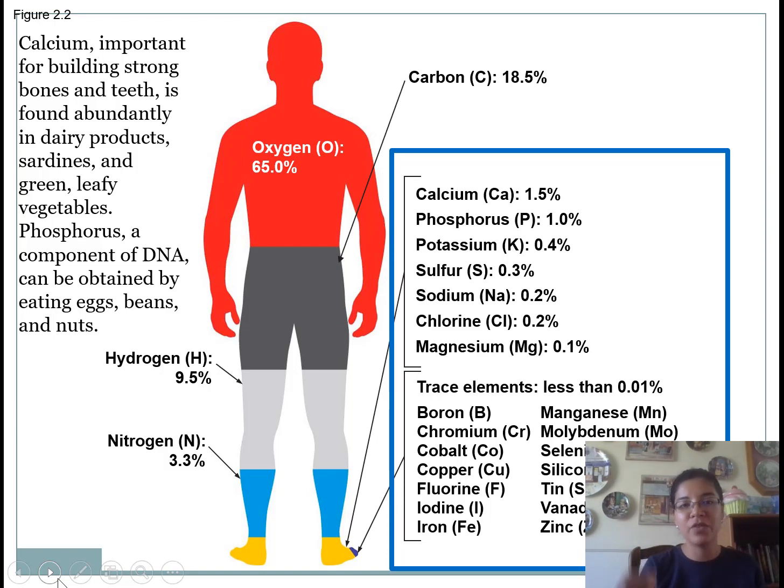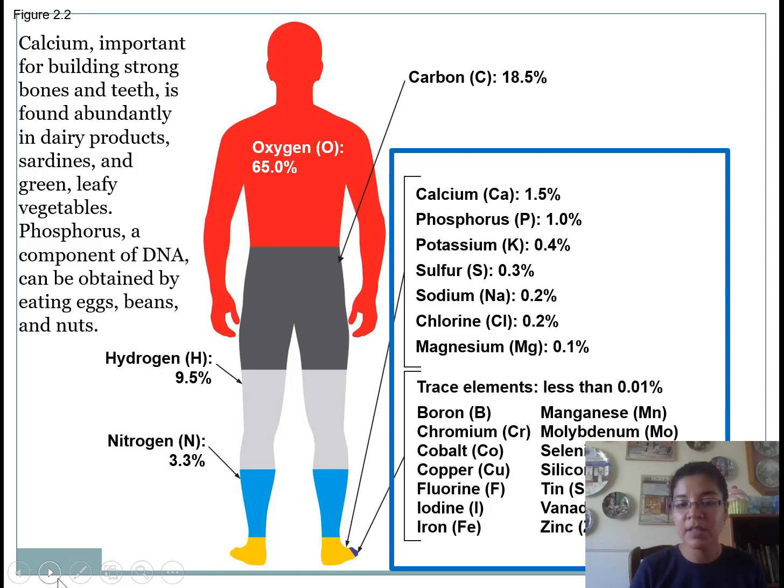It's also involved with muscle contractions. So those are just a couple of examples of the importance of calcium in the body. Likewise for phosphorus. Phosphorus makes up a major component of our DNA molecule. That's important. Potassium, sulfur, sodium, chloride, and magnesium are also in lower amounts, but they're very important elements.